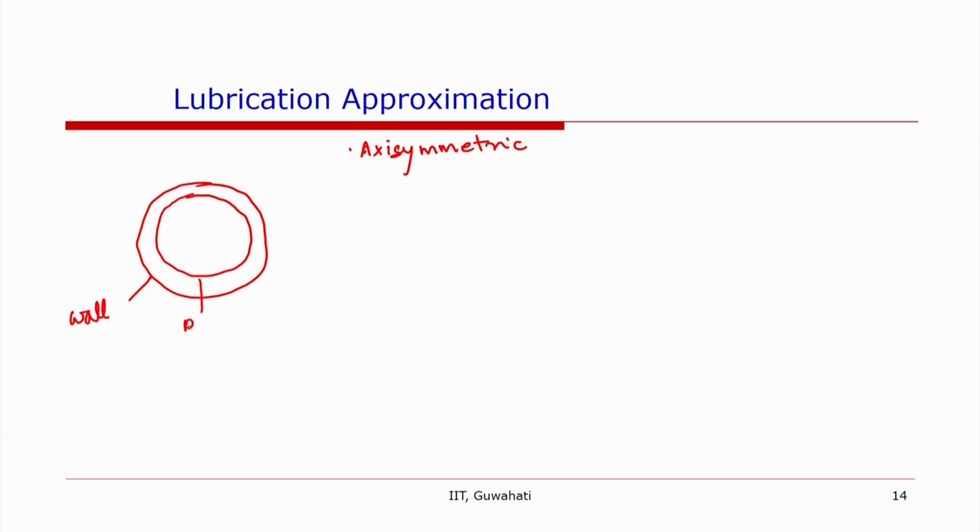Wall, bubble interface, and this is the channel cross section in the bubble region.